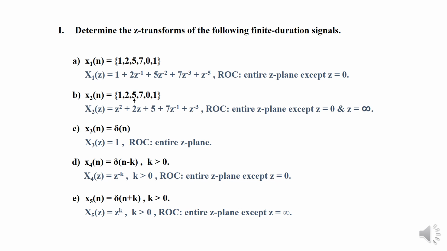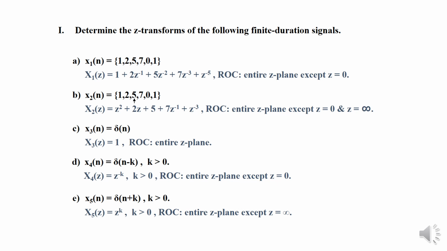Then part B, x2[n]. Is this causal or anti-causal? No, right? Part B, x2[n], is two-sided. Two-sided means when n equals 0, x2 is equal to 5. When n equals minus 1, x2 is 2.